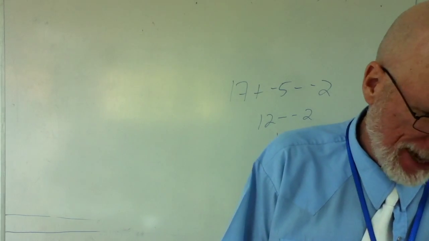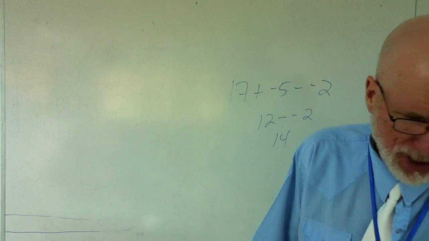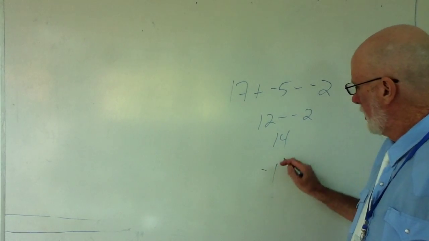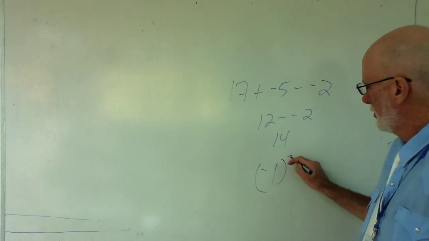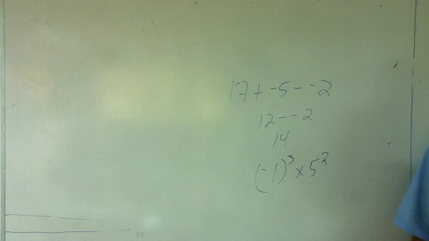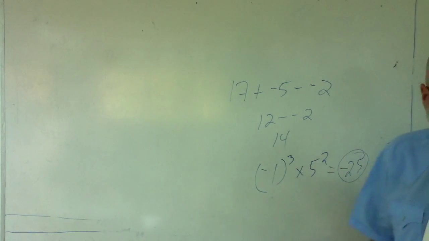What about negative 1 cubed times 5 squared? What's that? Negative 25. Excellent. Well done.